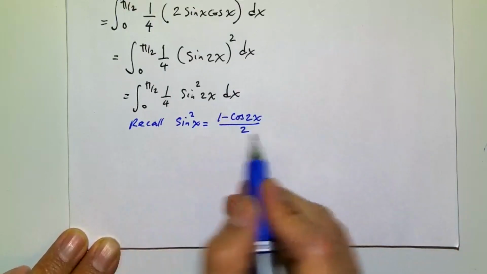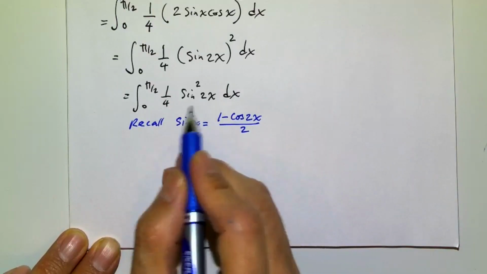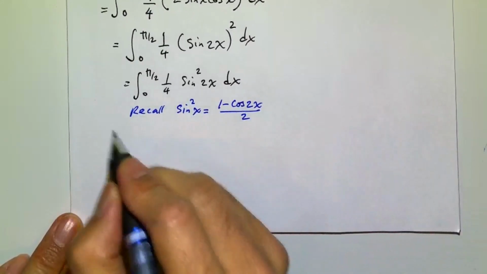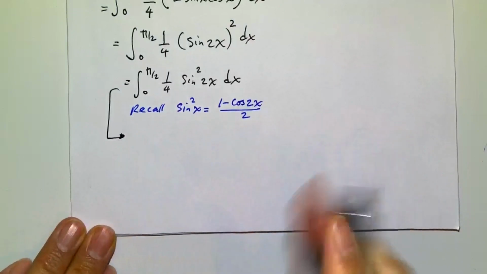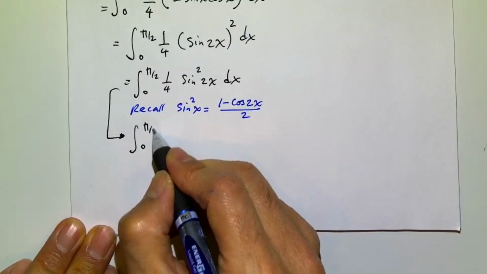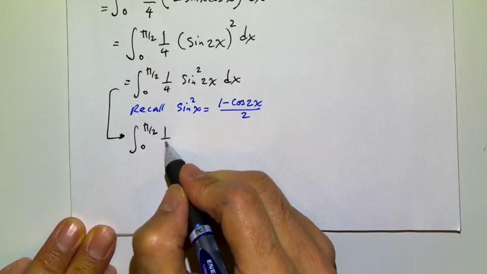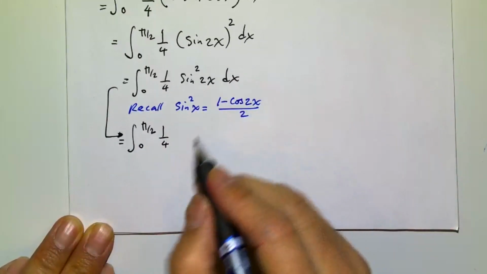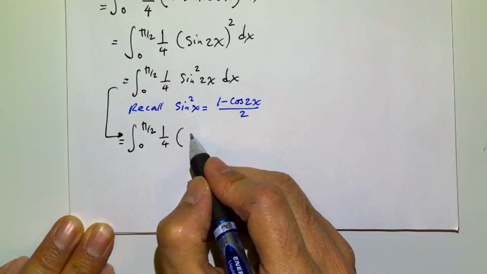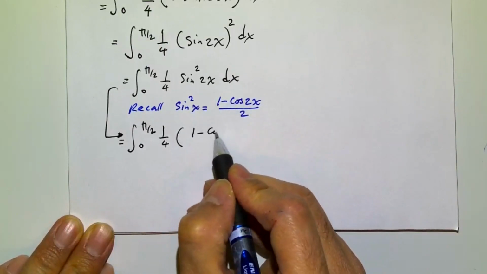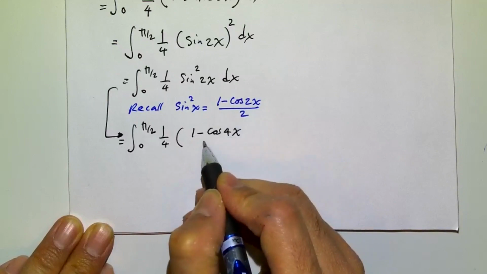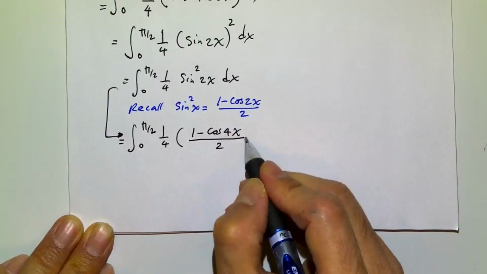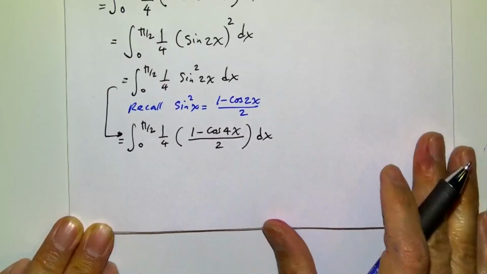But this is the original identity we're using in this case. Okay? So therefore, we can write 0 to pi over 2, 1 over 4 times 1 minus cosine of 4x, of course, because we have 2x here, divided by 2 dx.